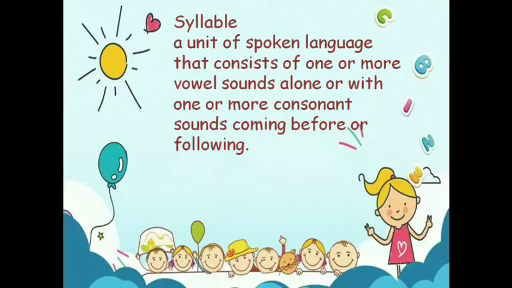Syllable. A syllable is a unit of spoken language that consists of one or more vowel sounds alone or with one or more consonant sounds coming before or following. So, how do we cut a word that usually consists of one or more vowels?